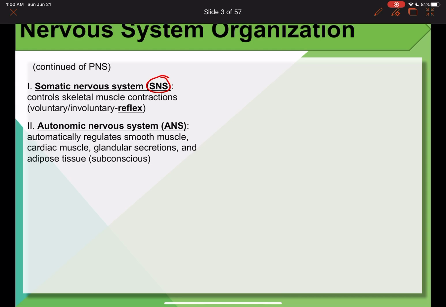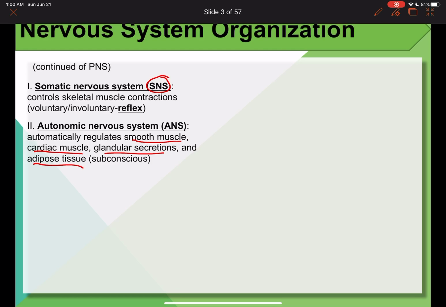And then the other, like I said, was the autonomic nervous system, or known as the ANS, which is able to automatically regulate your smooth muscle, cardiac muscle, glandular secretions, adipose tissues, etc. All of these are on the subconscious level, involuntary.